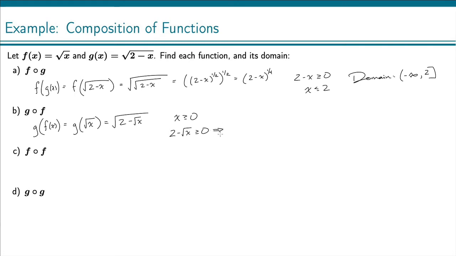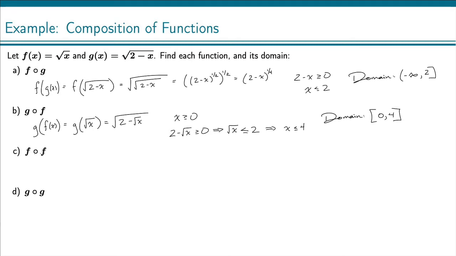So solving that, we have that the square root of x must be less than or equal to 2. In other words, x is going to have to be less than or equal to 4. Okay? And we already have the other side of that, which of course is that x has to be greater than or equal to 0. So our domain then is everything between 0 and 4. So our domain in interval notation is 0 to 4 as a closed interval.